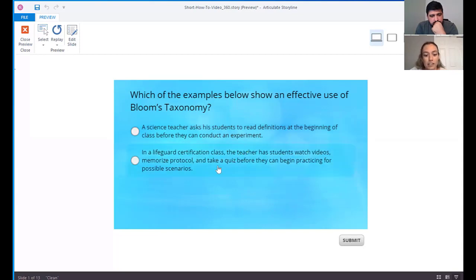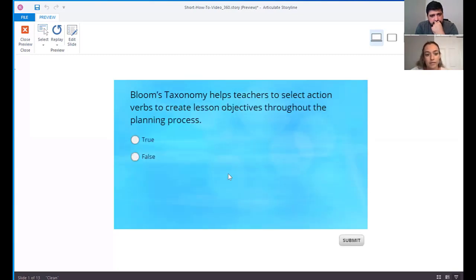Or in a lifeguard certification class, the teacher has students watch videos, memorize protocol, and take a quiz before they can begin practicing for possible scenarios. So that one. And then just a true or false: Bloom's taxonomy helps teachers to select action verbs to create lesson objectives throughout the planning process.